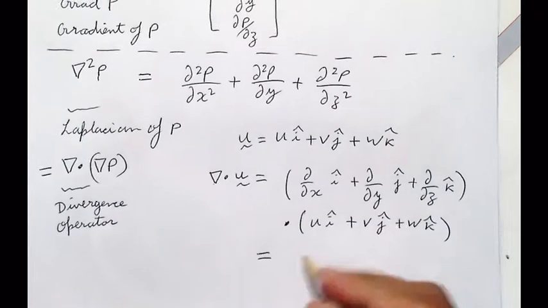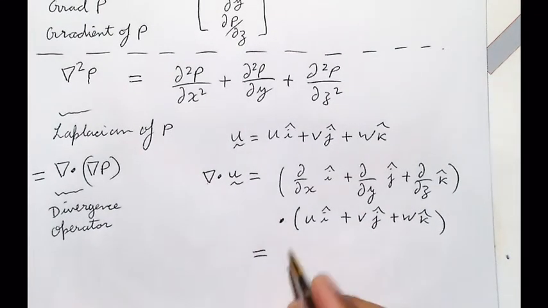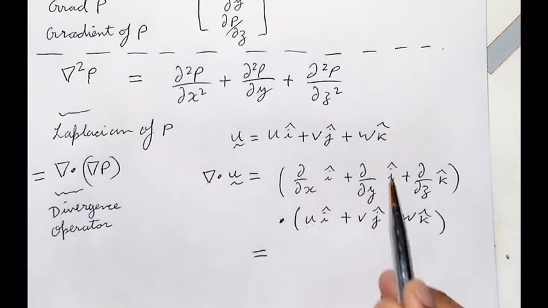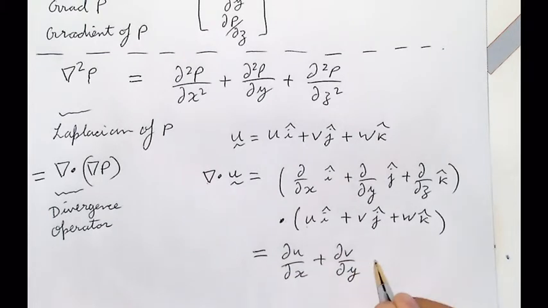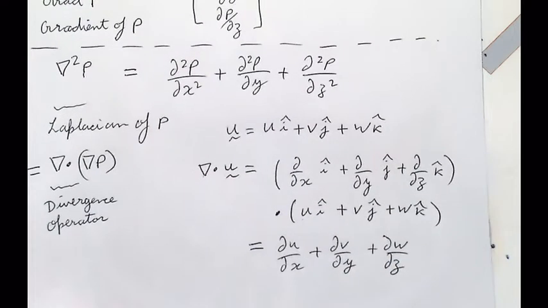If we take the dot product of these two vectors, we just multiply the x components and then keep adding. So we get du by dx plus dv by dy plus dw by dz. Okay.